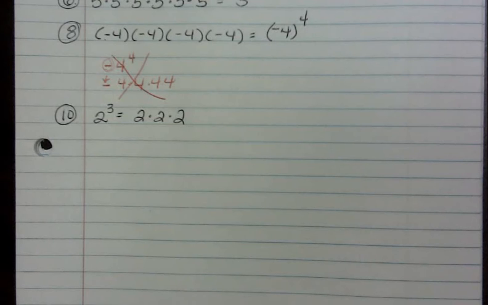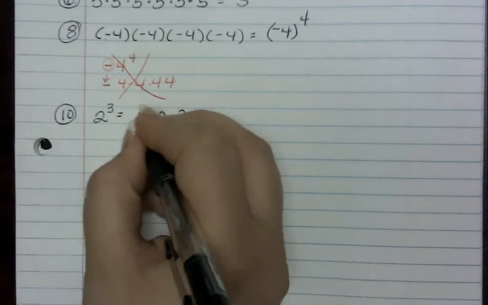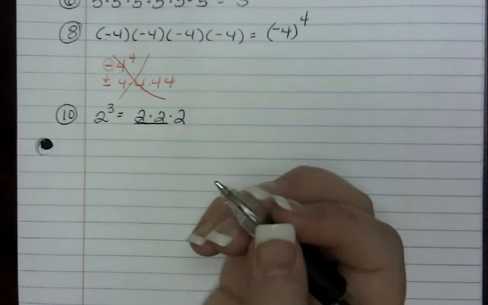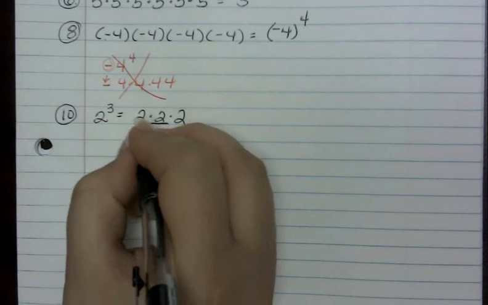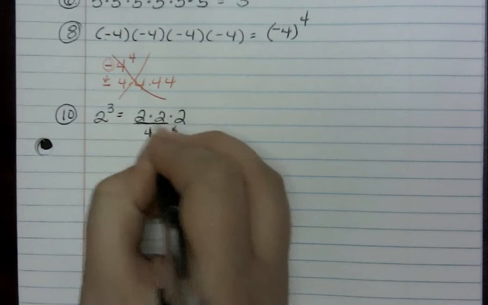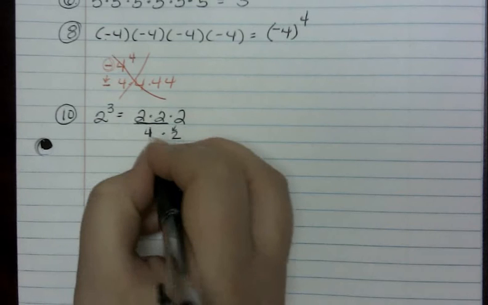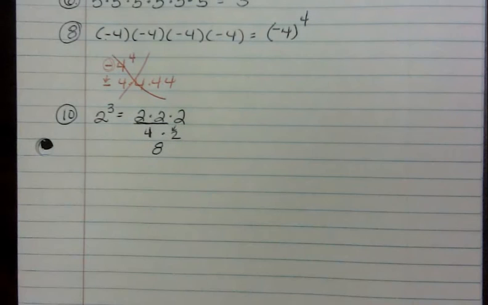So that's what that is. And then we evaluate. So we can multiply these 2's first. So 2 times 2 is going to give us a 4. And I'm just going to bring that 2 down. So 4 times that 2 is 8. That is how you evaluate an exponential problem.